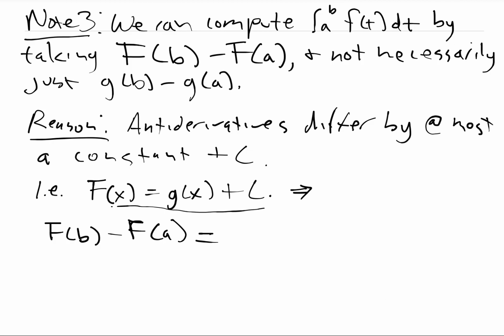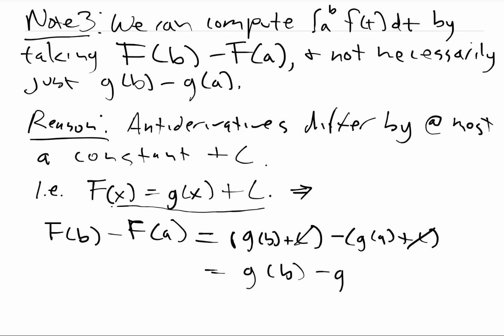Instead of using f, I can use g plus c. For the first piece, I've got g of b plus c, which is really f of b. For the second piece, I've got g of a plus c, which is really f of a. Now, if I'm performing this, my c's are going to cancel. I just get g of b minus g of a.